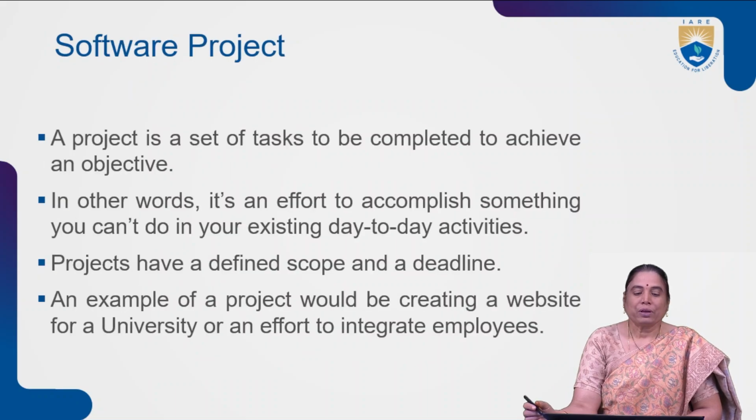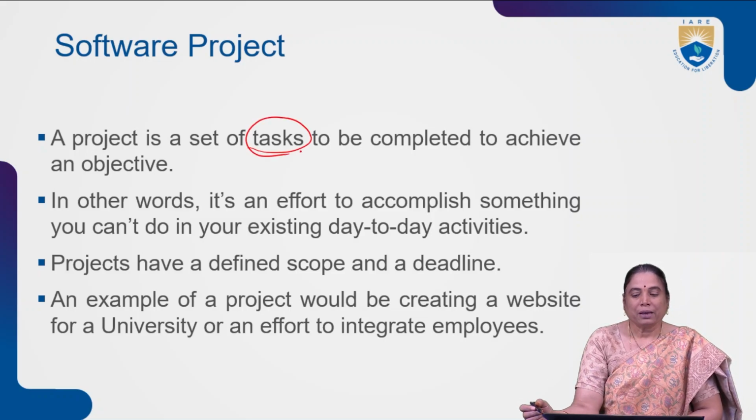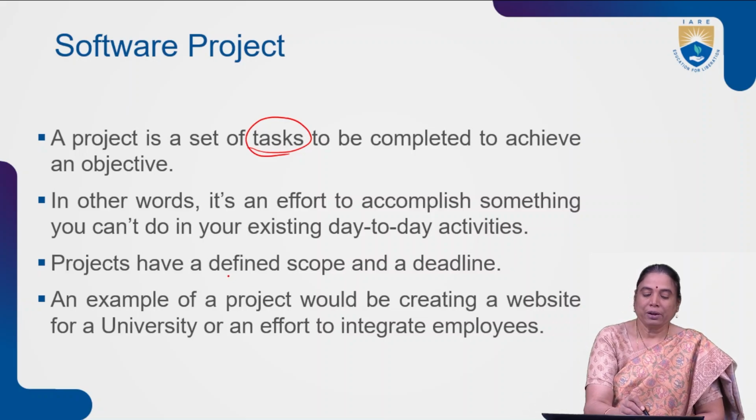So what is a software project? A project is a set of tasks that must be completed to achieve one objective. In other words, the day-to-day transactions or activities of the business organization must be automated by using the software project. Projects have definite scope and deadlines.